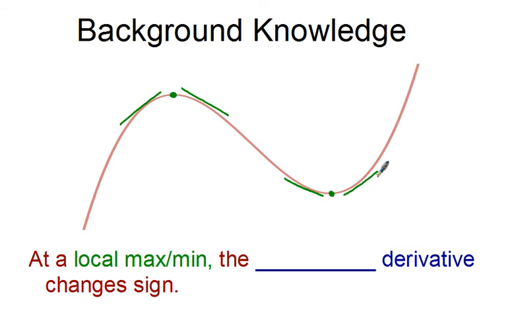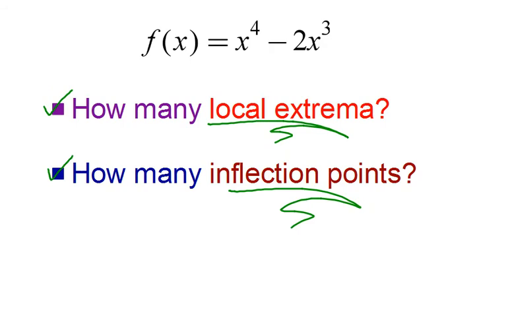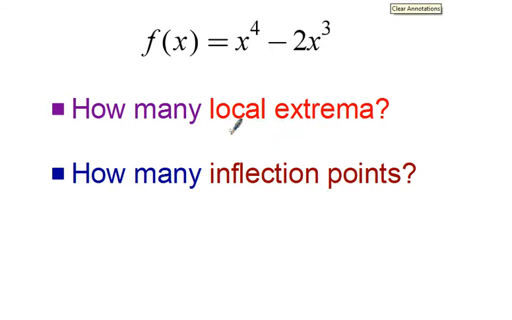In both cases, the first derivative will undergo a sign change, either from plus to minus or minus to plus. So in terms of our strategy, if we want to count local extrema, we need a formula for the first derivative, and we'll look for a sign change from plus to minus or minus to plus.